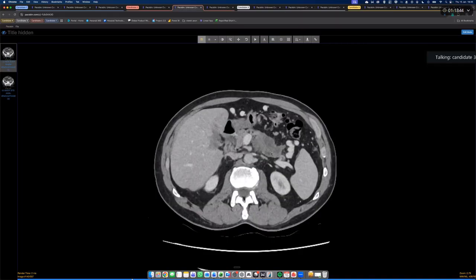This appears to be a neoplastic etiology, like an adenocarcinoma of pancreas, because there's dilatation of the distal pancreatic duct. This needs to be further discussed in the hepatobiliary MDT for discussion regarding the biopsy. And also, I would like to do a staging CT of this patient. I would also like to look at the bone window images to look for any metastasis within the bone.